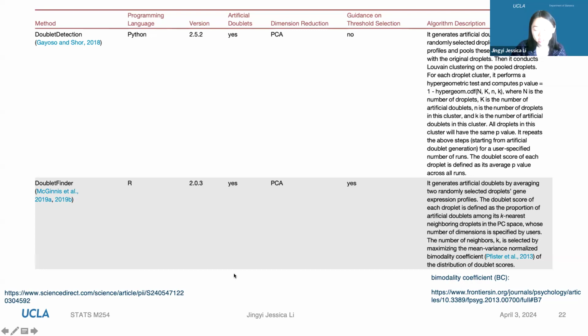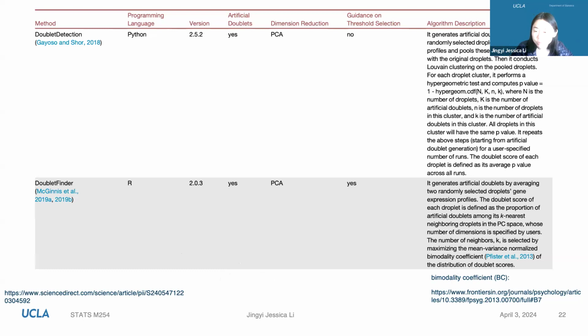What it actually means intuitively is that you want the doublet score distribution to be bimodal, to have two peaks in its density, not unimodal. The bimodality coefficient just measures the strength of the bimodality.